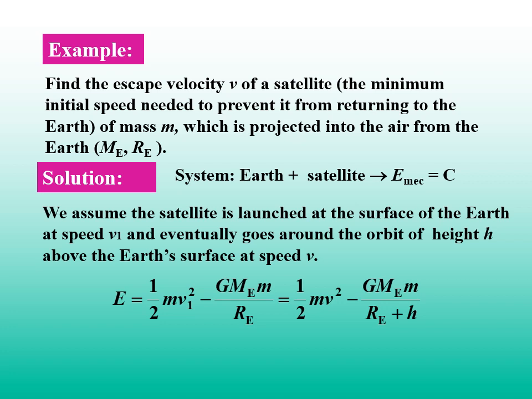On the orbit, the mechanical energy is 1/2 m v squared minus G M_E m divided by R_E plus h. Solve this equation for v1. We have v1 squared equals v squared minus 2 G M_E divided by R_E plus h, plus 2 G M_E divided by R_E.